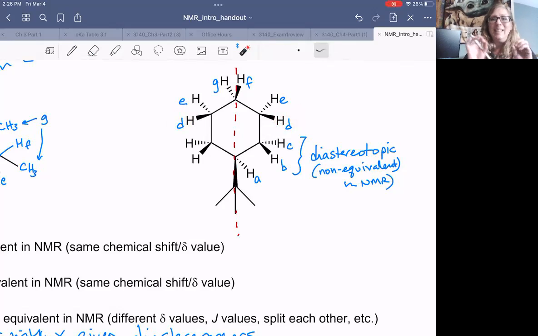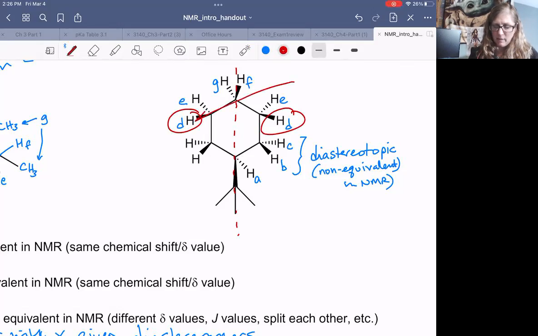We call those enantiomers. So if the replacement test leads to a pair of enantiomers, we describe these protons as being enantiotopic.